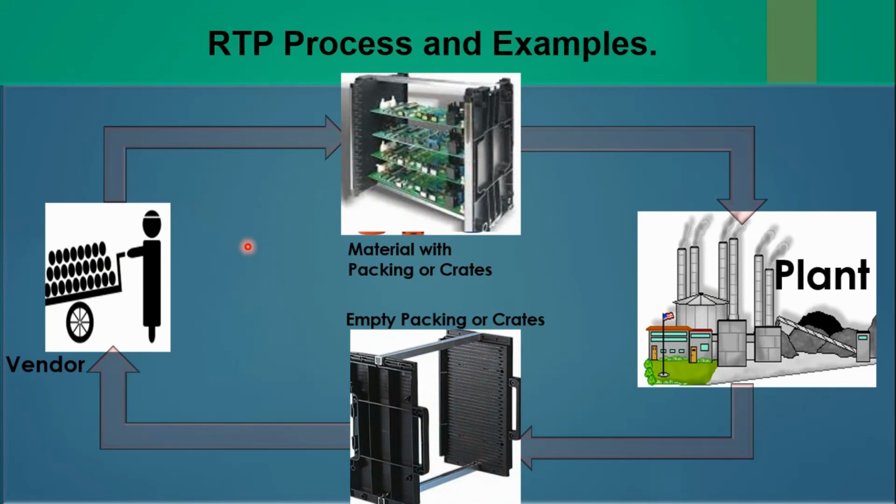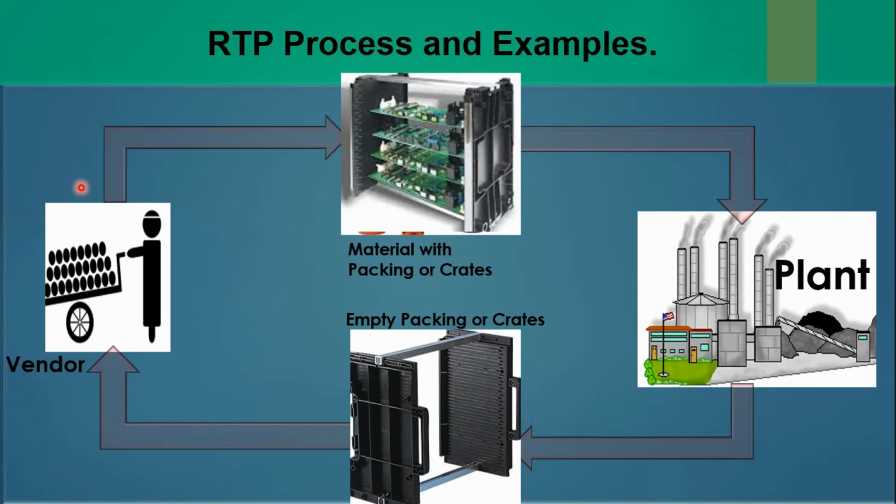In the electronics industry, PCBs, once components are mounted on the PCB and they are sent to another area or company, they use trays to protect the PCB, and once the trays reach their destination, the trays are returned to the vendor. So that's a very simple process. These are a few examples.